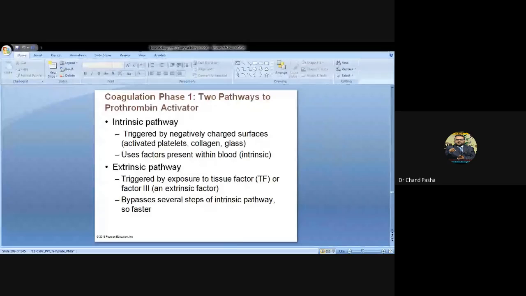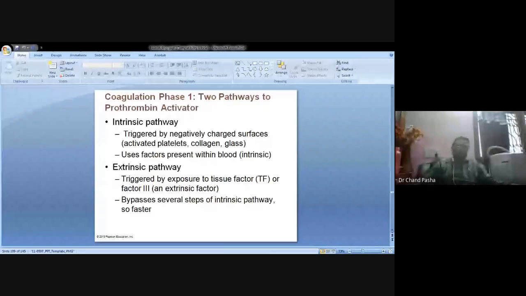This signal works as an intrinsic factor. Platelet cells are internal components of our body, and collagen, glass, everything which is there in our body serves as an intrinsic factor. And as these factors are inside our body, we call them intrinsic factors.